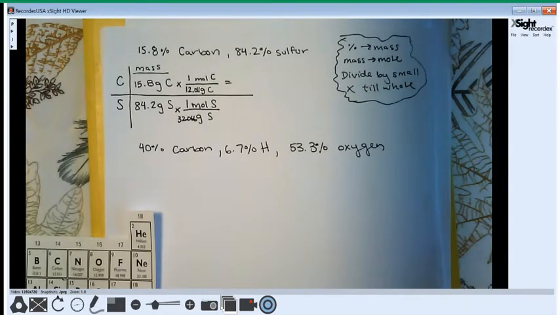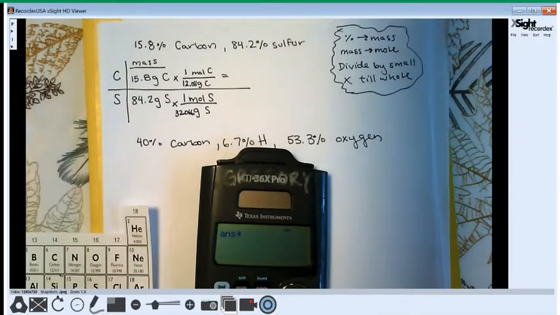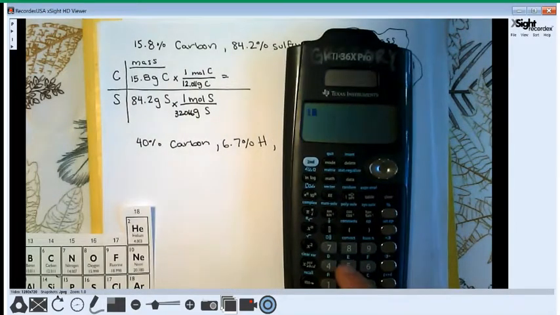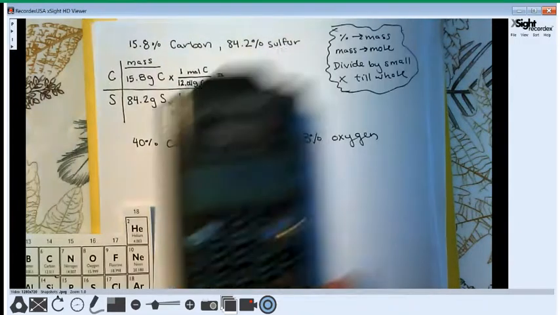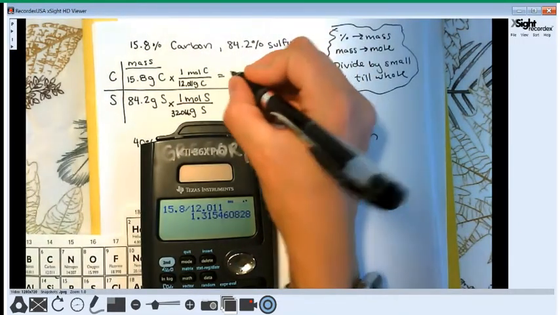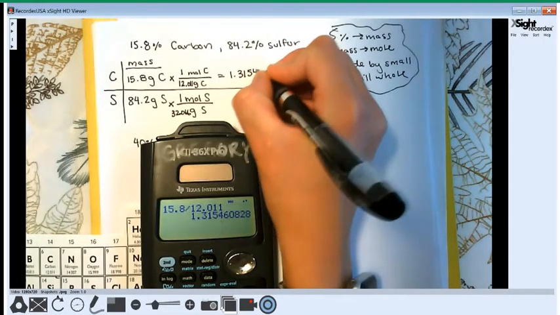Okay, now I need a calculator, so let me find one. I didn't think that far ahead. Syntax error, that's always fun. Okay, so we have 15.8 divided by 12.011, which gave me 1.31546.